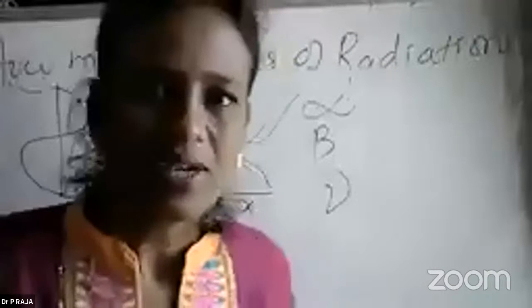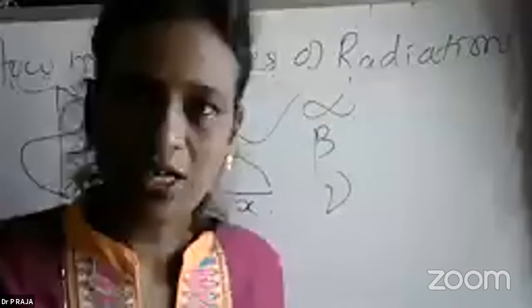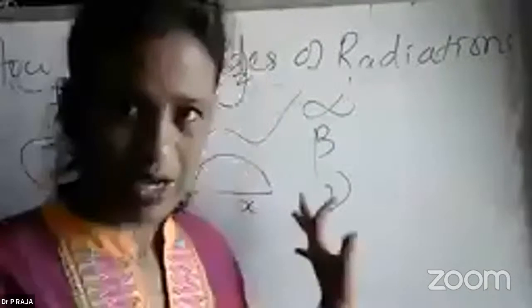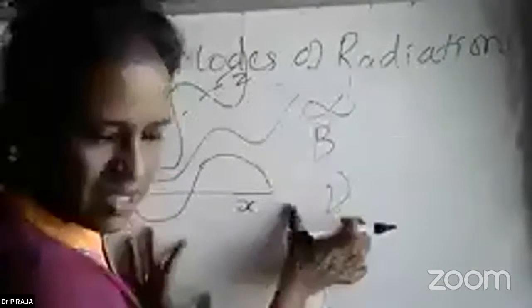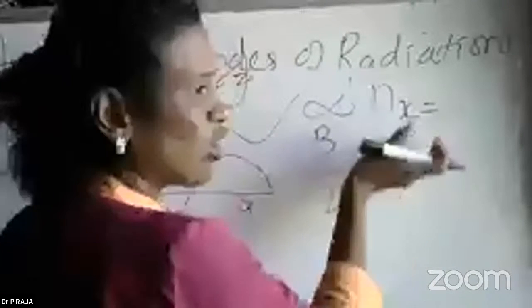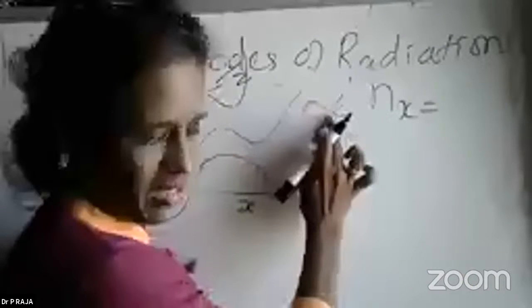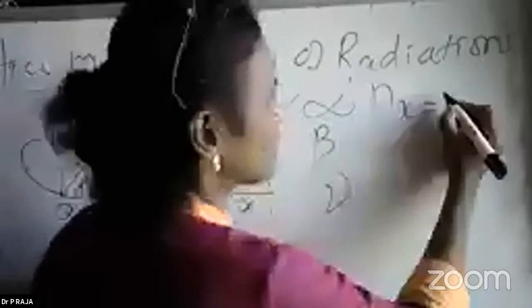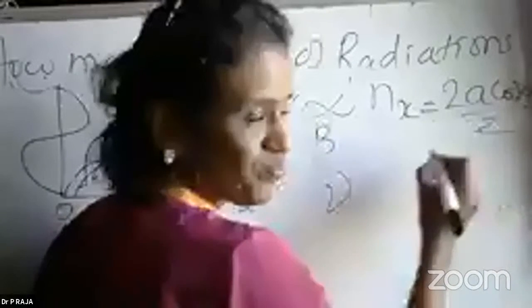I will just finish another few lines, and with this equation we will conclude for today's class. Just hold on. I hope you have understood up to this, and I'm including the angle factor. So nx will take up all the waves in between the x and y direction with the angle of alpha. So I will put it as nx equals 2a cos alpha by lambda.